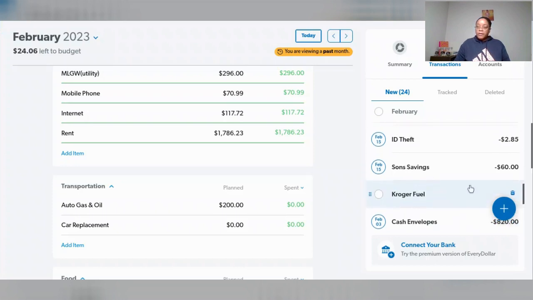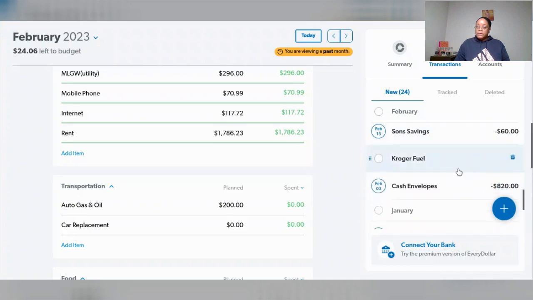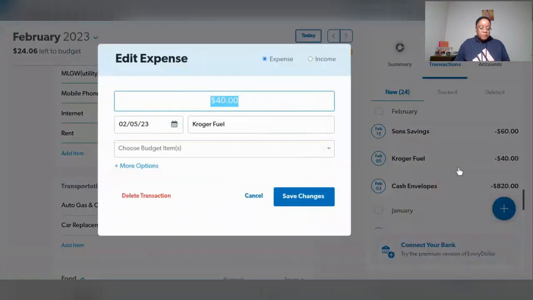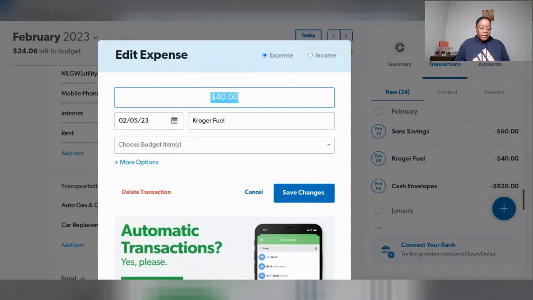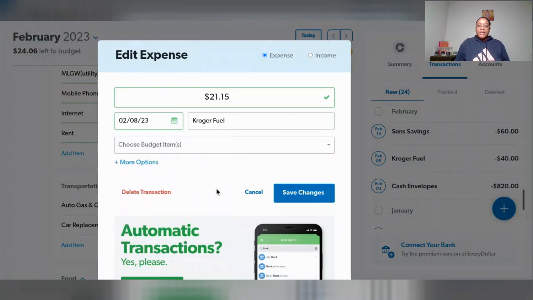And let's make sure I don't have another one right after that one. Oh, it's the 21st. So this is it. Did I plan on going to Kroger? Must have. I don't know. 21.15. And that was on, come on, little date selector, 2/8.